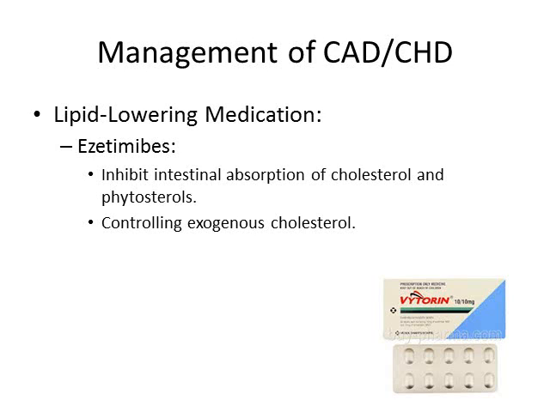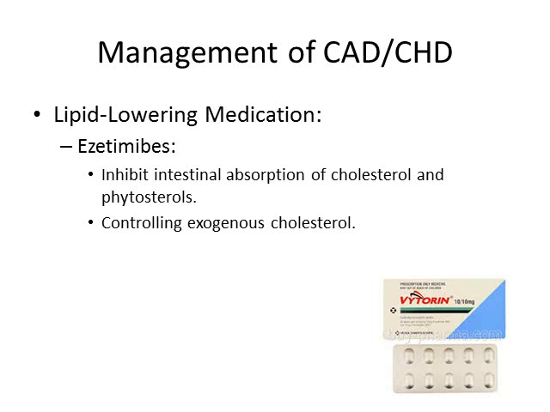If for some reason a person hasn't reacted well to the first line of treatment, there has to be some other form of medication that we can prescribe to an individual, because of adverse reactions or side effects that occur. So ezetimibes are an alternative to the statins.